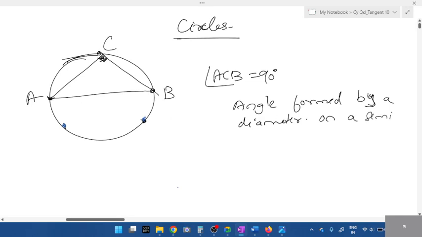See, AB is what? ACB is what? Angle, right? Angle formed by a diameter. How is it formed? Is it formed through a chord or a diameter? Diameter. Angle formed by a diameter. Where is it formed? On the circumference, right? Okay, the angle formed by the diameter on the circumference is 90 degree.